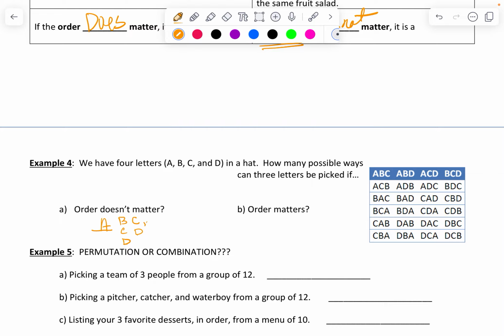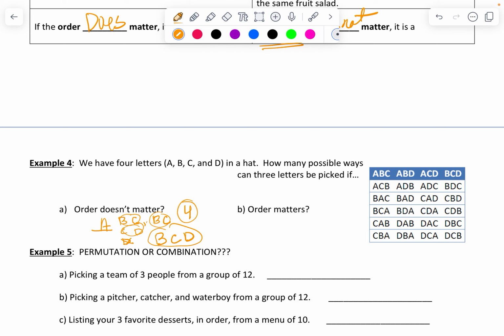Oops, I didn't put that one there. I would have BC. So I've already used D with both of those combinations. This only gives me 1, 2, 3, and then B, C, D without an A.